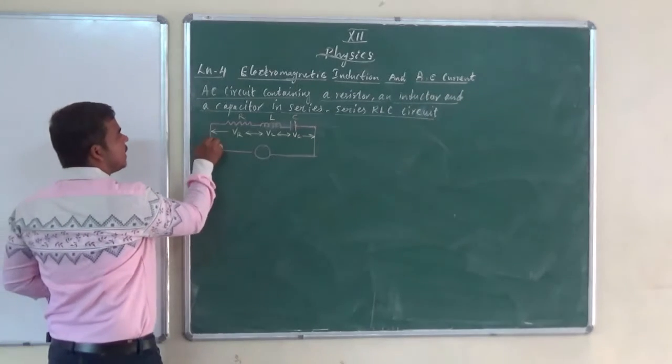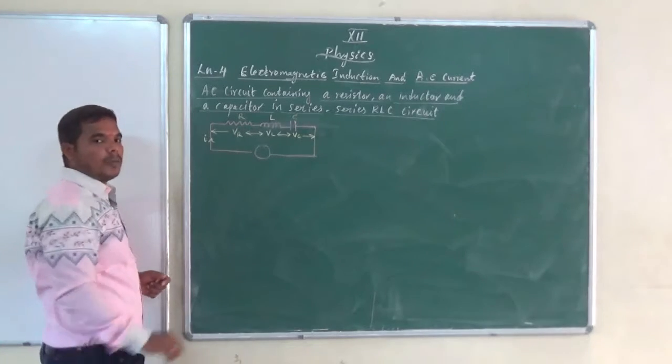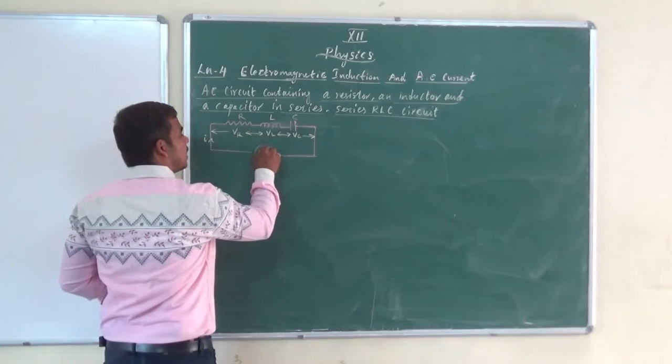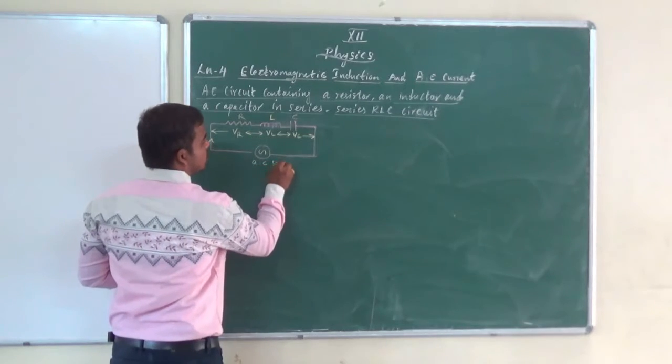What does I indicate? The instantaneous value of current through each component. And this is the alternating source of EMF, represented by the AC source.